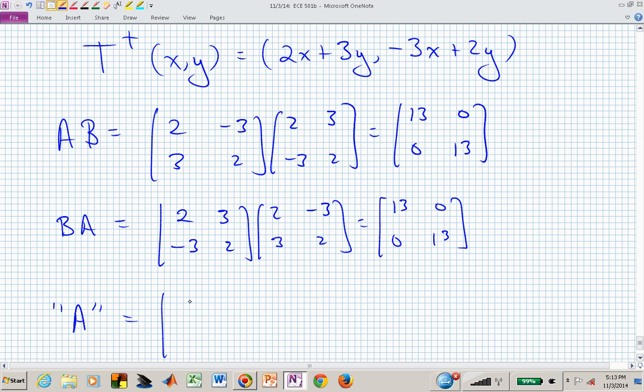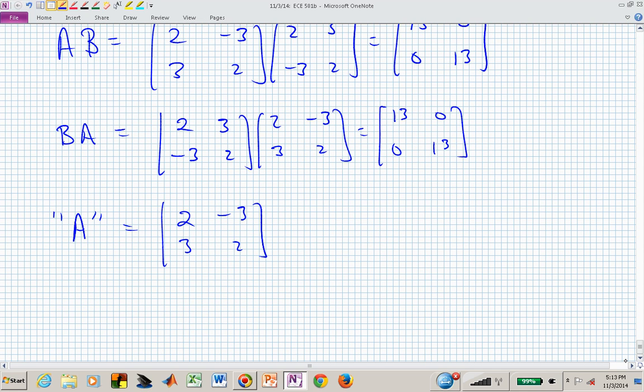A, which was equal to this 2 minus 3, 3, 2, is not self-adjoint, but, let me repeat it, 2 minus 3, 3, 2 is a normal operator, or the matrix associated with a normal operator.